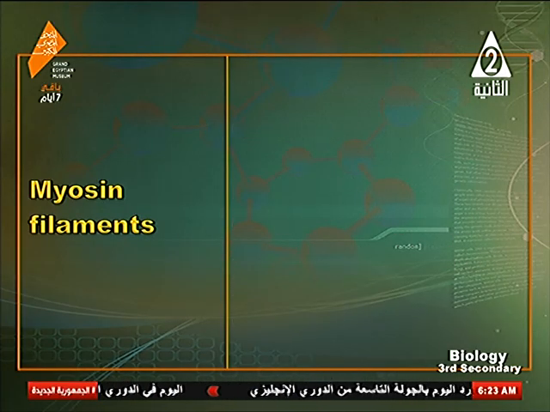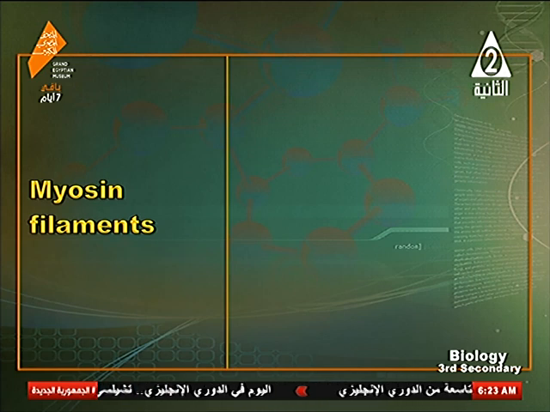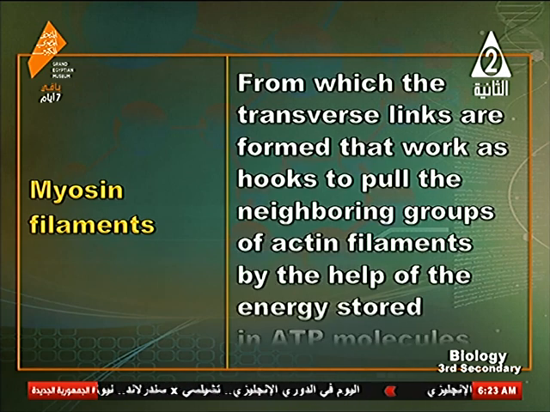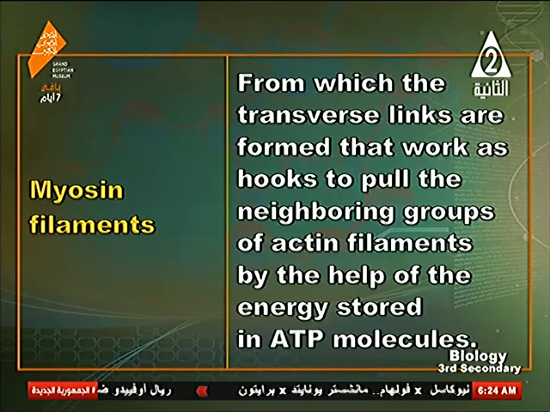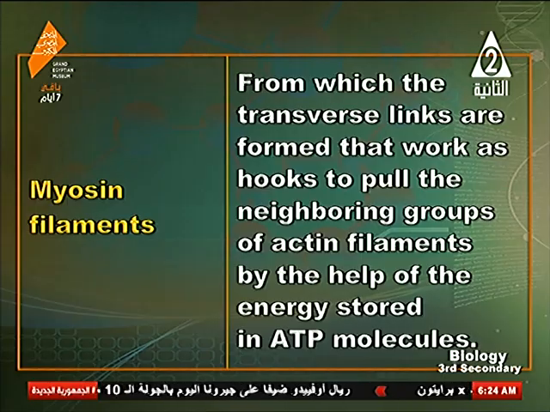Myosin filaments, remember, are the thick protein from which the transverse links are formed that work as hooks to pull the knife-boring grooves of actin filaments by the help of energy stored in ATP and also calcium ions. Don't forget both ATP and calcium ions.